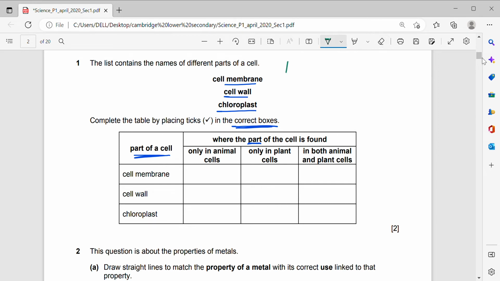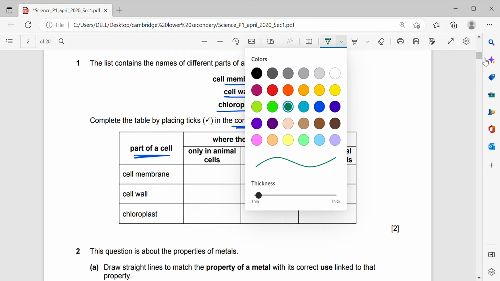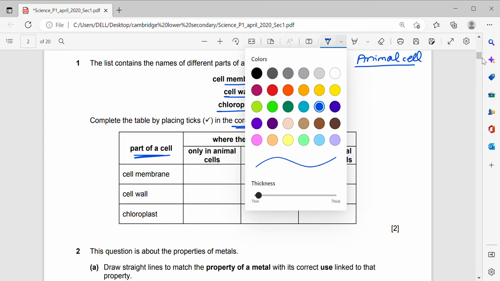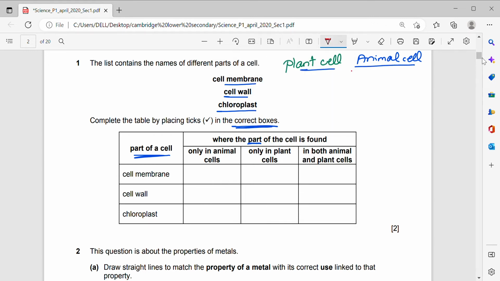and the plant cell. And the animal cell type. There are some parts present in both plant cell and animal cell. What are these parts?